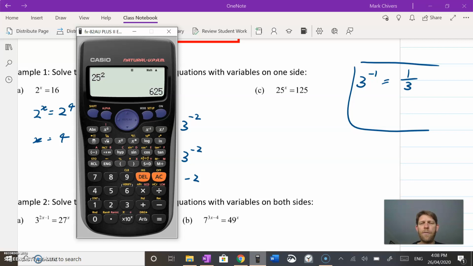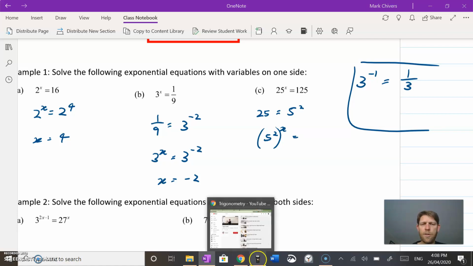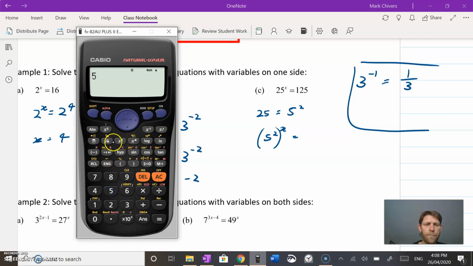But then 25 is itself a square number. Another way to write 25 is 5 squared. So what we've actually got there is 5 squared to the power of x equals 125. Now, isn't that 5 cubed? Let's just have a look. What does 5 cubed equal?